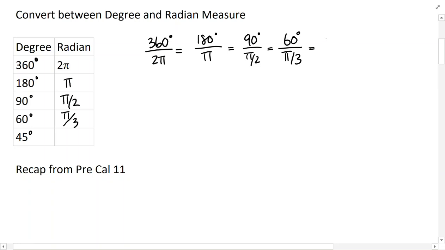And finally, if we think again with fractions, 45 is just half of 90. So half of half is a quarter. So 45 degrees is equivalent to pi over 4 radians. Okay, so this is the equivalency between degrees and radians.